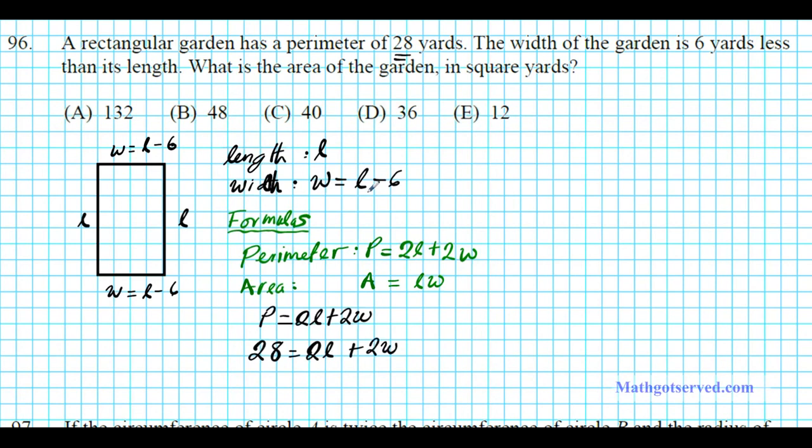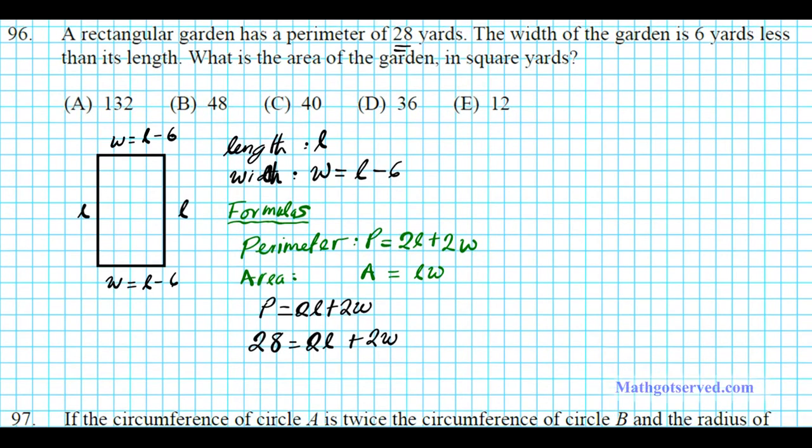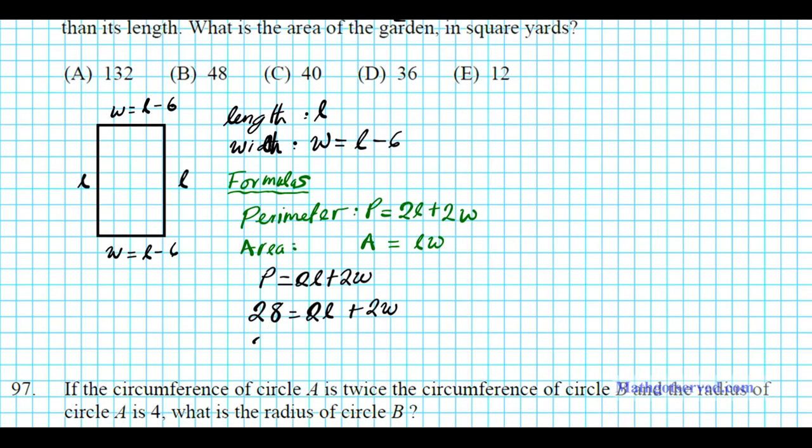But we also know that the width is length minus 6, right? So let's apply that here. We have 28 equals 2 times the length plus 2 times, instead of the width, we have L minus 6, based on this information we have up here. Now this is an equation in one variable, so we can solve it. Let's go ahead and do that.